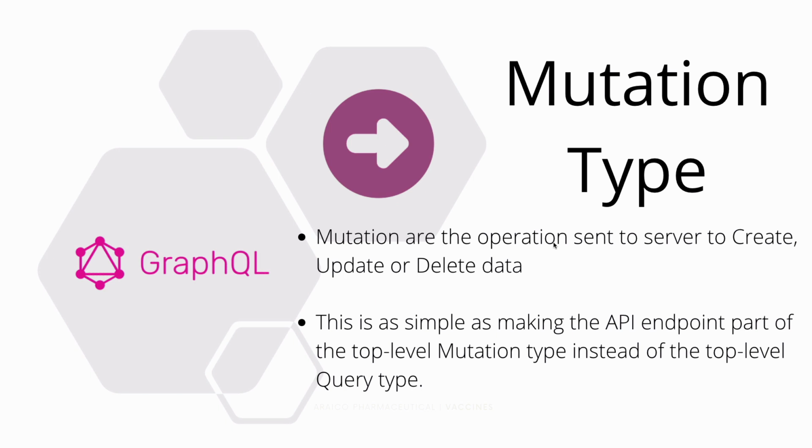So mutations are the operations sent to the server to create, update, or delete the data. What we do to get the data, we do the query type. Okay, so this is as simple as making the API endpoint part of the top level mutation type instead of the top level query type. So enough slides, let's go here to the coding part.